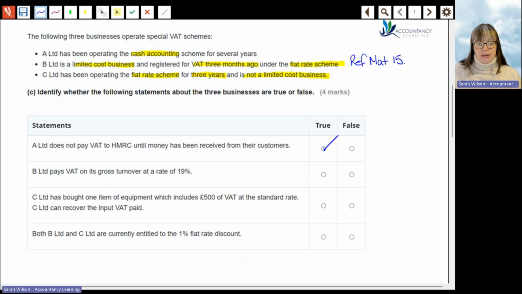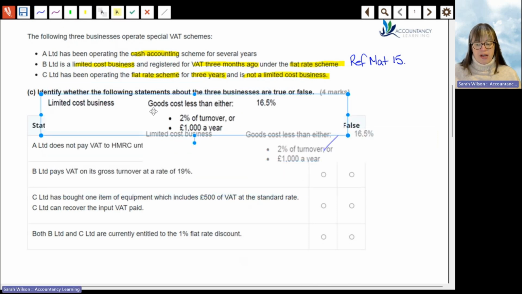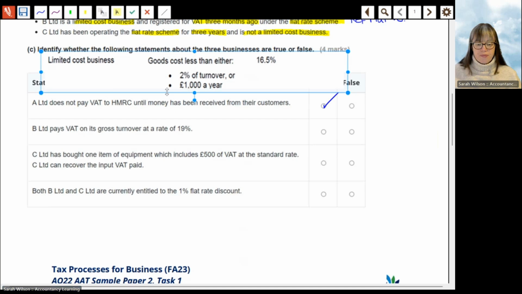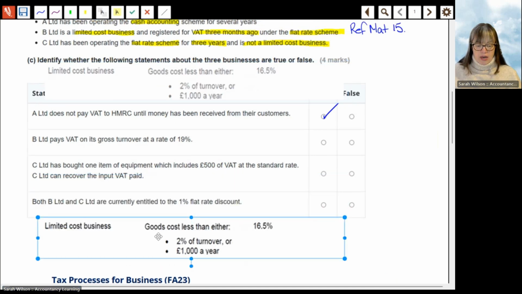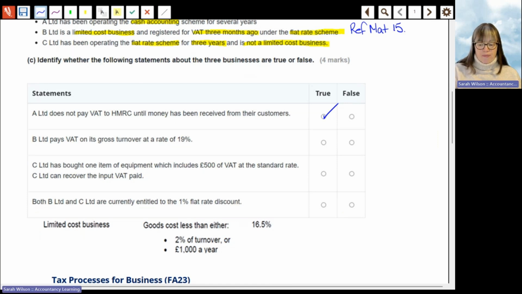So I'll bring up a snippet that will help us here. So this is from reference material 15. And our statement is B Limited pays VAT on its gross turnover at a rate of 19%. But as a limited cost business, we can see that the rate is 16.5%. So we can take that one as false.